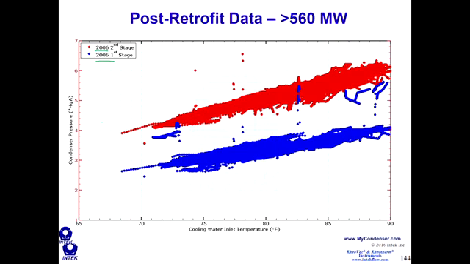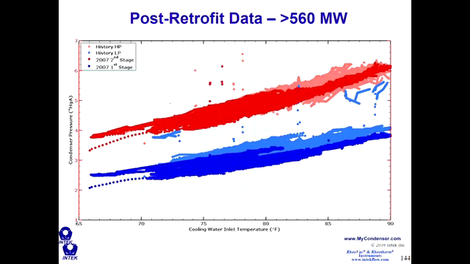We performed the retrofit at the end of 2010, and so what I'm going to do is click through some slides here showing the data 2006, 2007, 2008, all the way up through 2011, and show you the dramatic back pressure reduction after this condenser went through a condenser retrofit. So here we go. There's 2007 data.